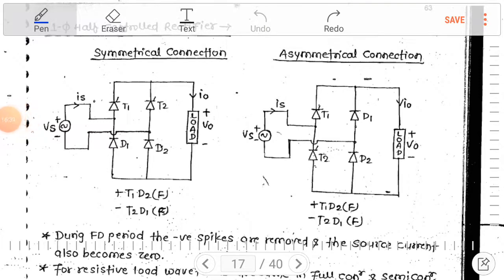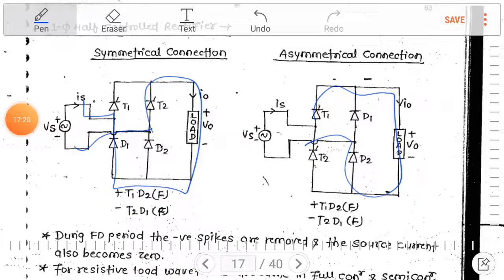But there are two configurations for the semi converter. The first one is symmetrical connection and the second is asymmetrical connection. In symmetrical connection, for the positive cycle T1 and D2 are turned on, and for the negative cycle T2 and D1 are turned on to supply current to the load. In asymmetrical connection, T1 and D2 and T2 and D1 are turned on for the positive and negative cycles.